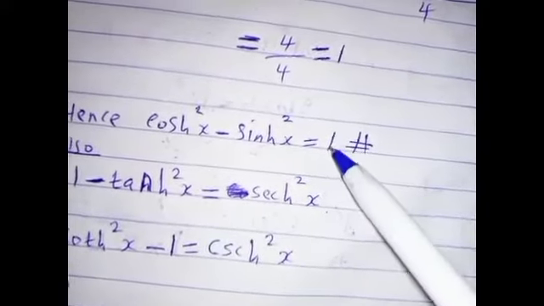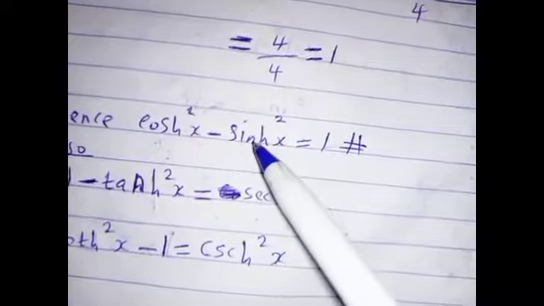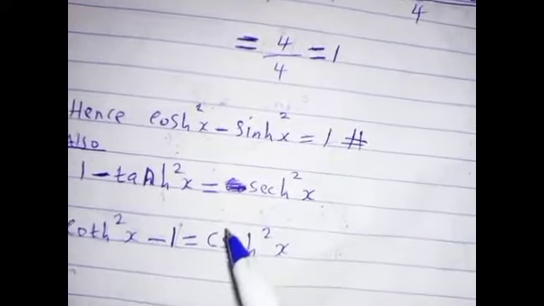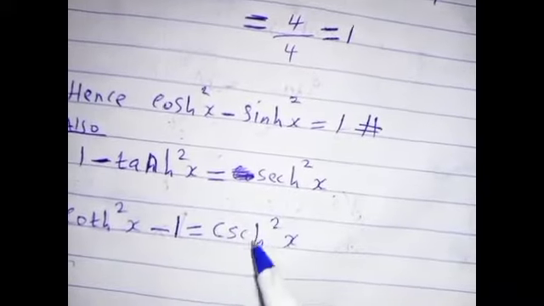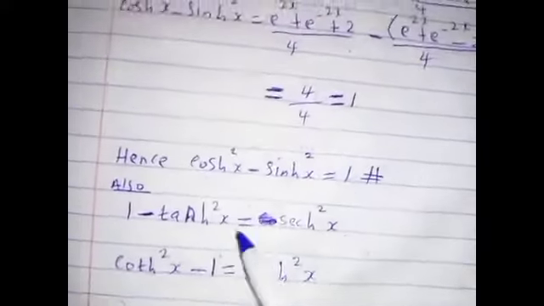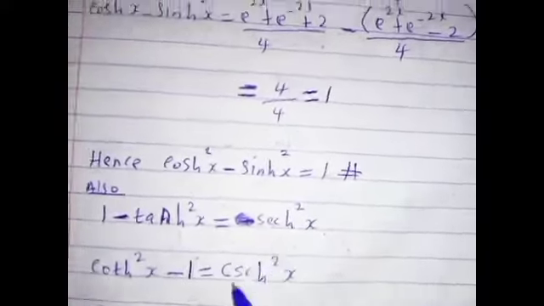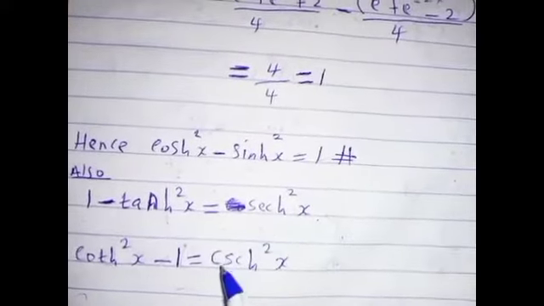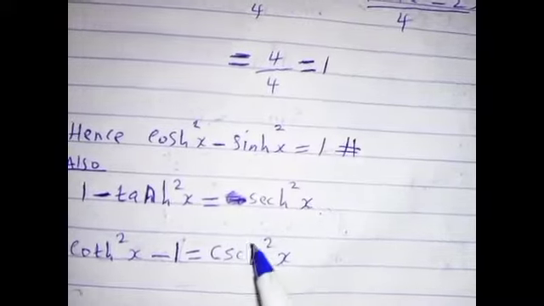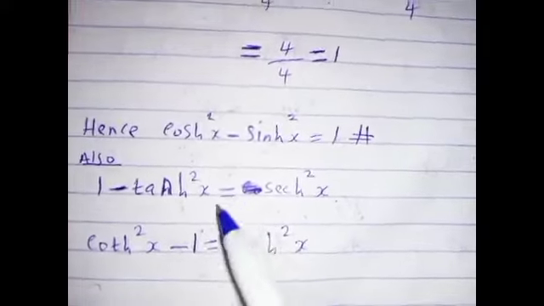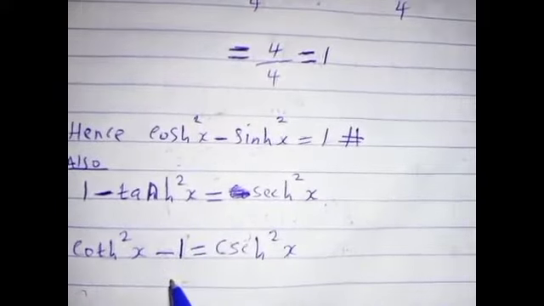Then on this side, 1 over sinh squared of x will give us cosech squared of x. So these three identities are critical when it comes to the derivative of inverse hyperbolic functions, and we are going to make use of them in our coming studies.